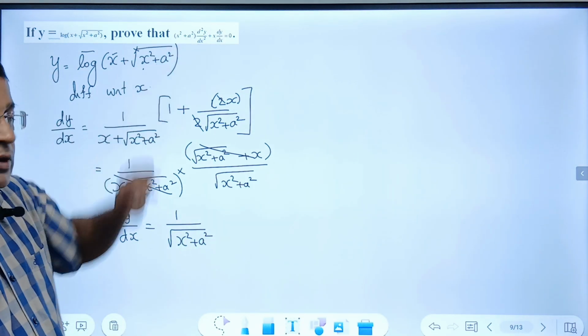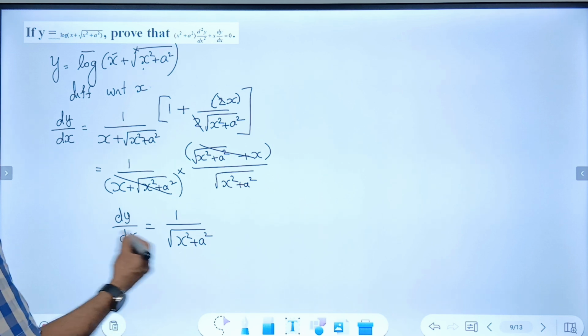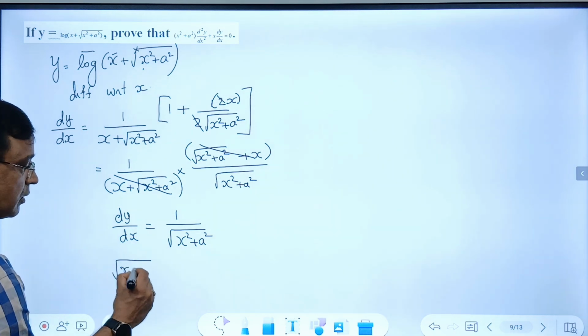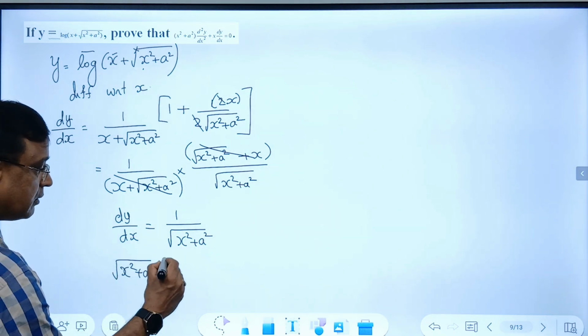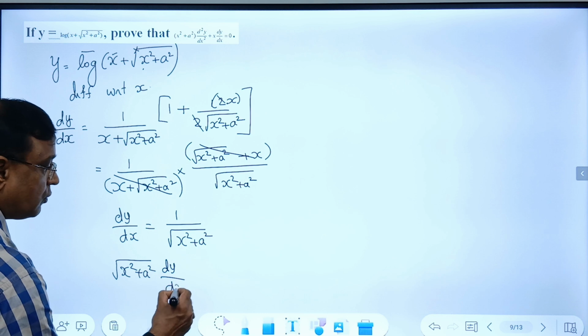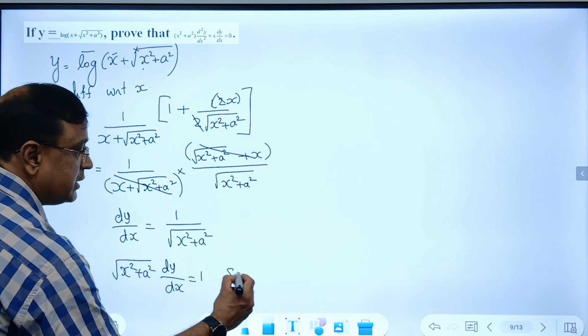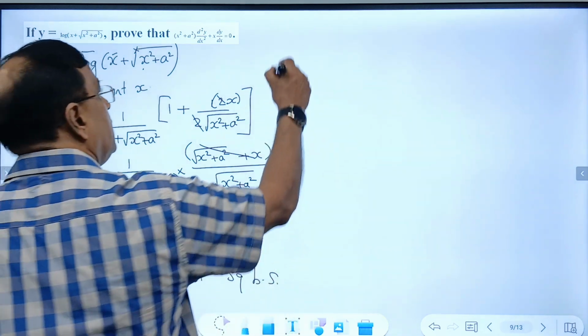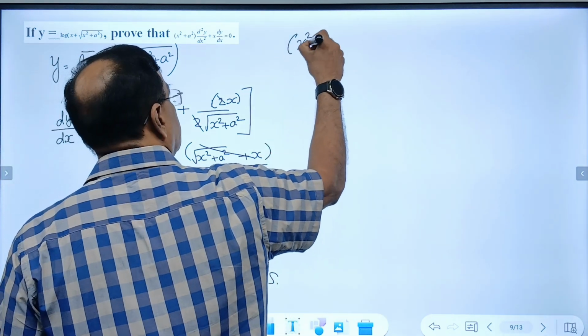I need to prove this. Okay, so what I do, you can directly differentiate, but the easier thing is cross multiply. First you cross multiply. Then you get rid of the root by squaring both sides. So you square both sides. When you square both sides, what do you get? X square plus a square.